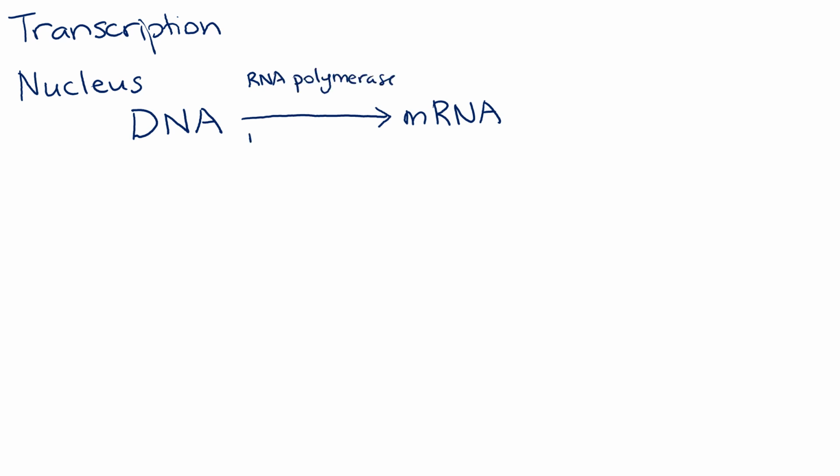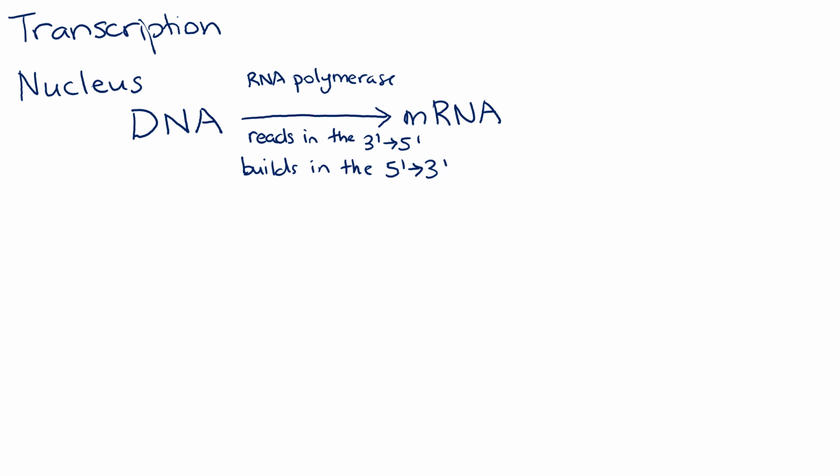RNA polymerase reads in the 3' to 5' direction and builds in the, you guessed it, 5' to 3'. So I like this formula-looking thing, but that's the big picture.